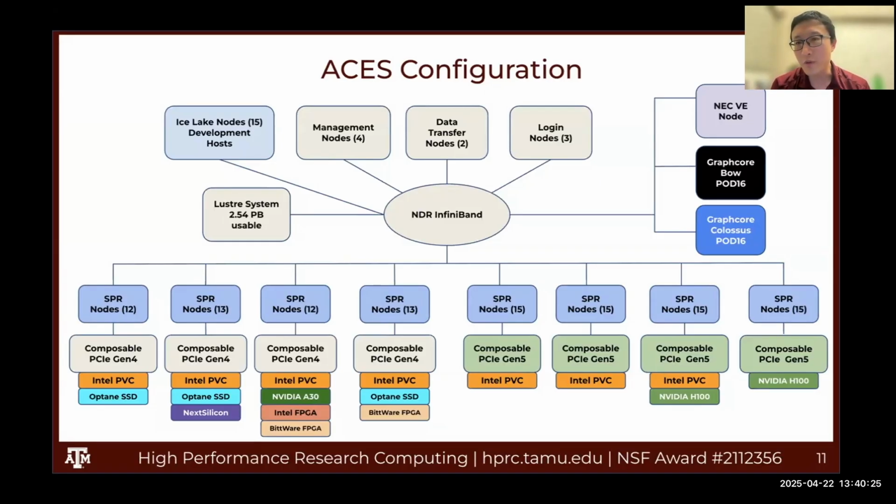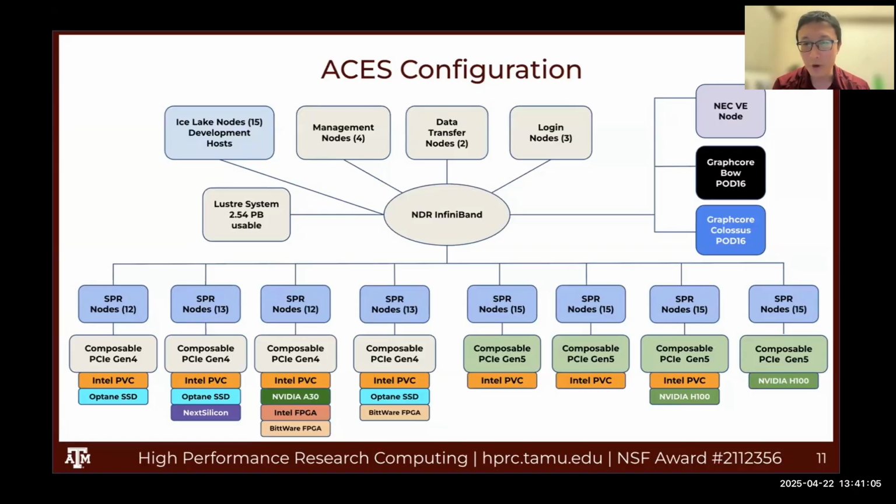We have some extra nodes like the NEC vector engine nodes. Those are not directly linked to the backend. Those are separate, but you can still have access to those Graphcore pods and NEC vector engine nodes separately. But the backend of the system is really composable. We have different configurations. We have four essential configurations with generation 4 PCIe composable capabilities.